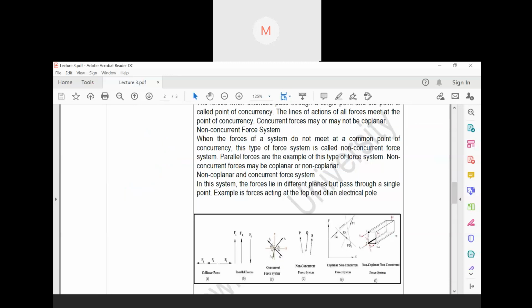At this point all the forces come and join. So this is known as concurrent force system.